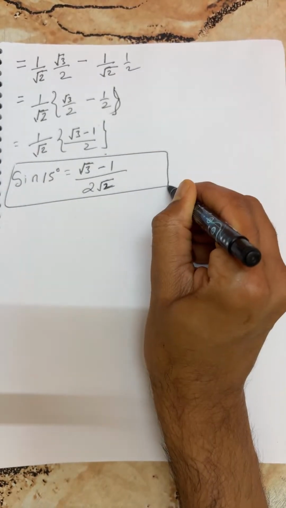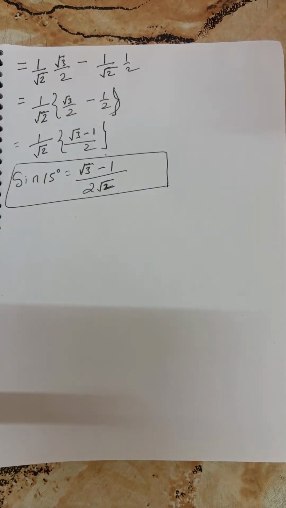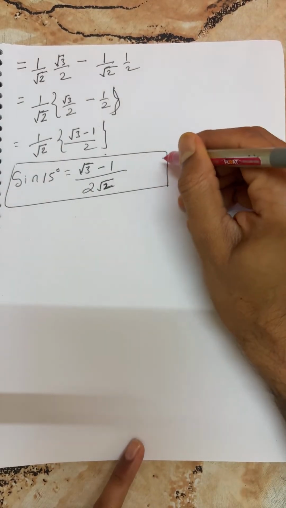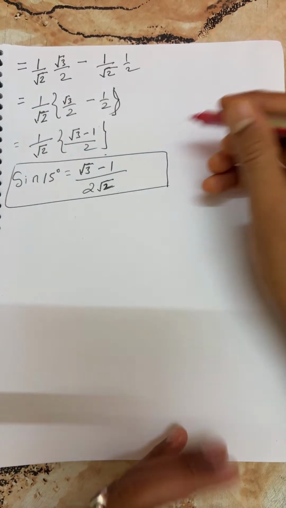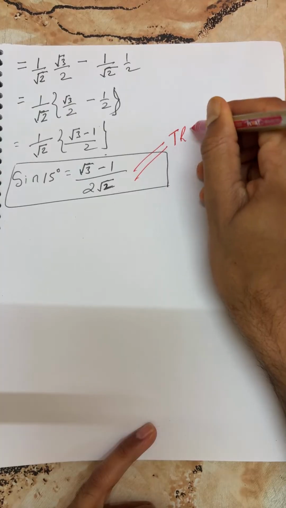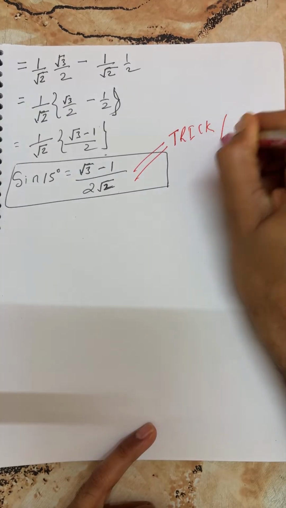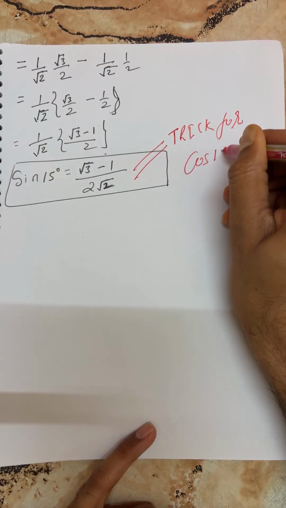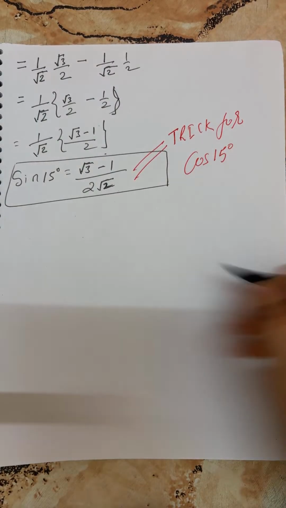Beta, we remember this. Here, beta, I can give you a trick: learn one, get one free. Students, this is the trick for cos 15 degree.